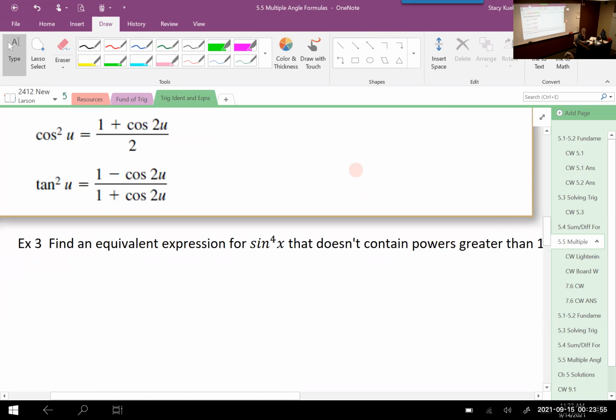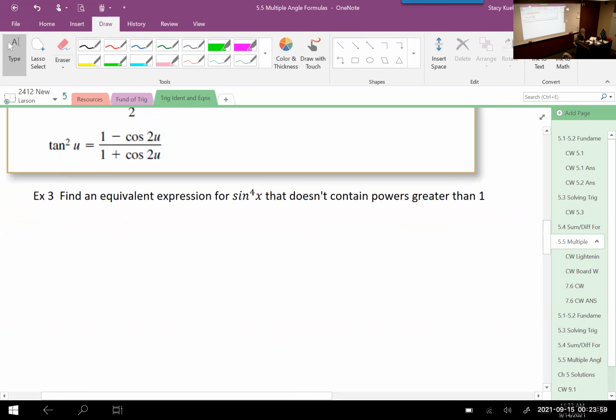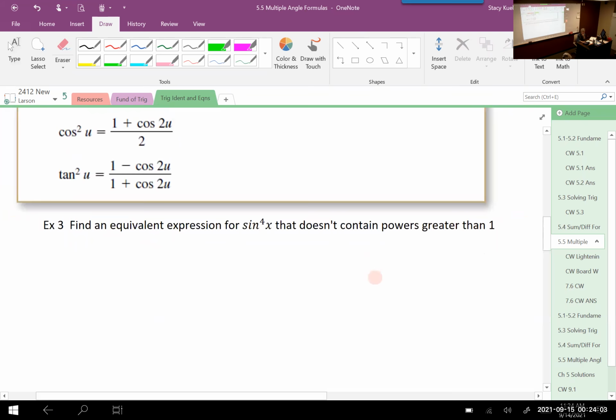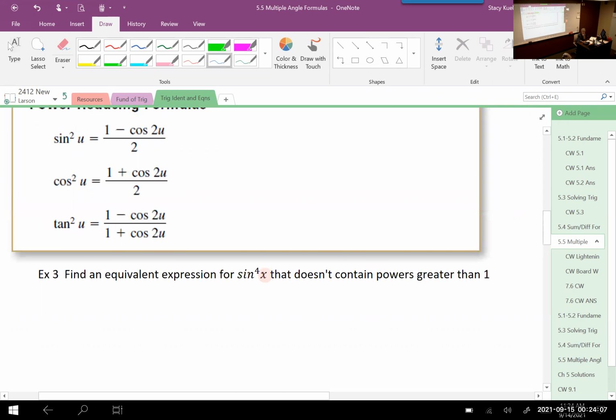Okay, all right. So we're going to take sine to the 4th and rewrite it in terms of no power greater than 1. We notice that the power reducing formula for sine says sine squared is that stuff on the right.